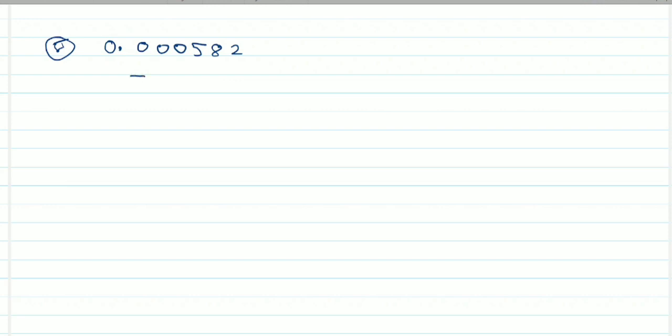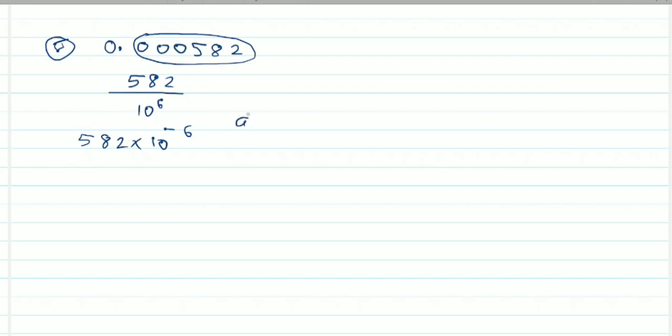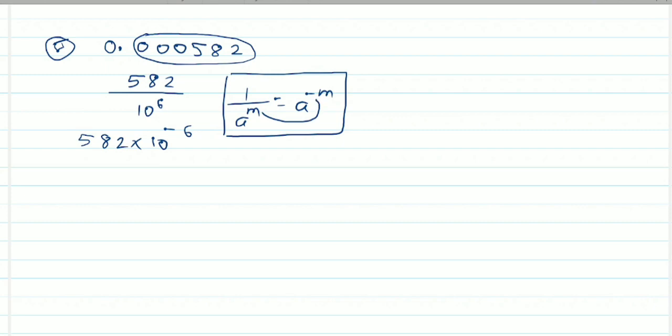I write it as 582 divided by 10 raised to 6, because there are 6 digits after the decimal point. In the next step I take this 10 raised to 6 in the numerator, so the sign of the power is changed. 1 by a raised to m was there, and when we took it in the numerator, the sign of the power is changed.